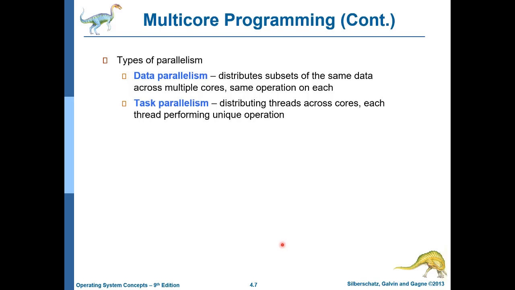We divide it into subsets, and then these subsets are assigned to different processors. So one processor, with one part of memory, is working on one part of the data, and another processor may be working on another part of the data.